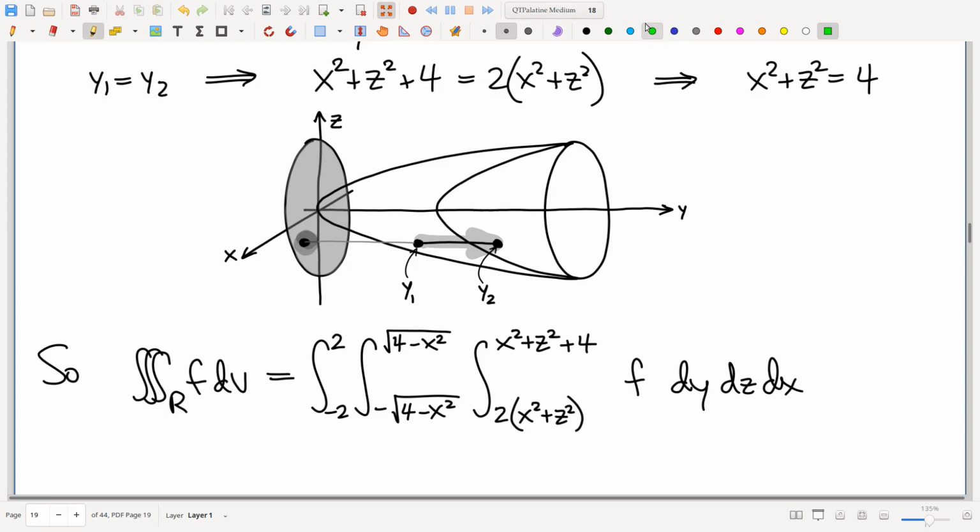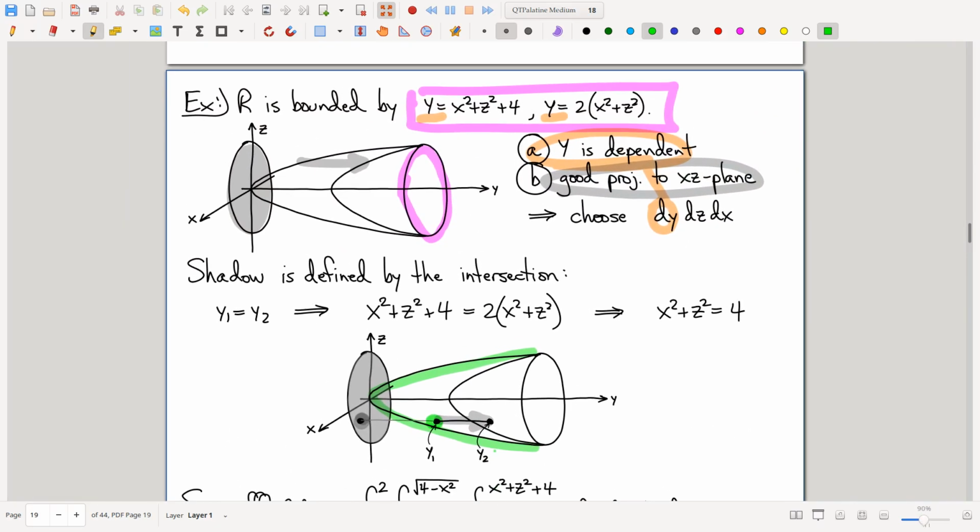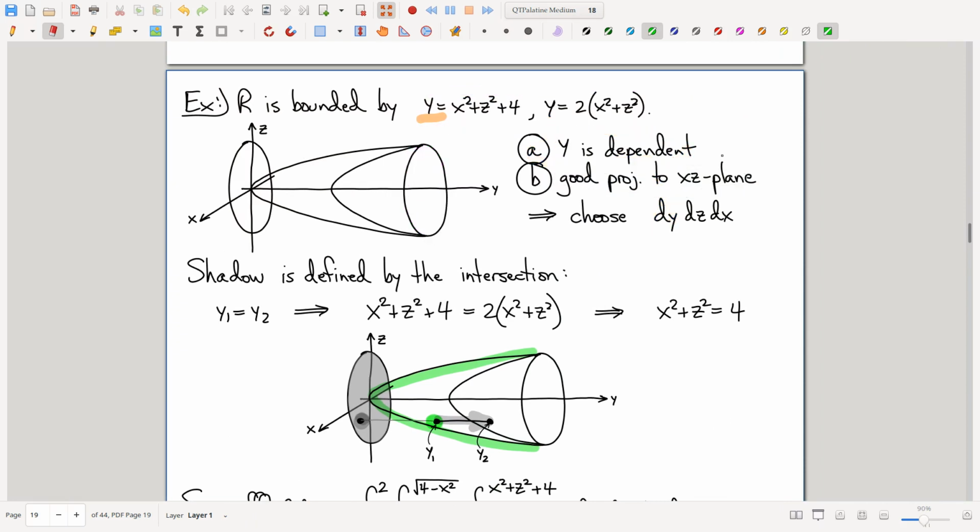Now, the lower bound for y is always going to come from this point, which is on that surface, which has that equation, in which, as we've cleverly arranged, it's easy to solve for y. The upper bound for y is going to come from that point, which is on that surface, which has that equation, which again, as cleverly arranged, it's easy to solve for y.